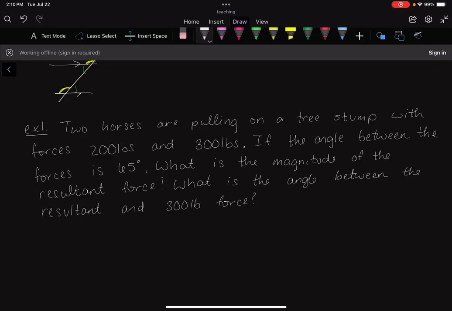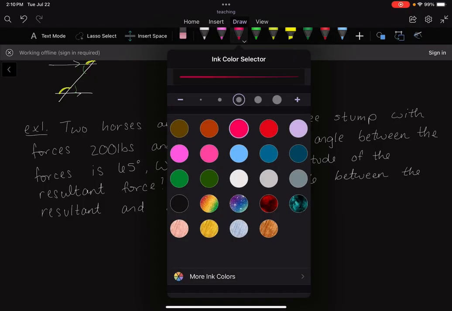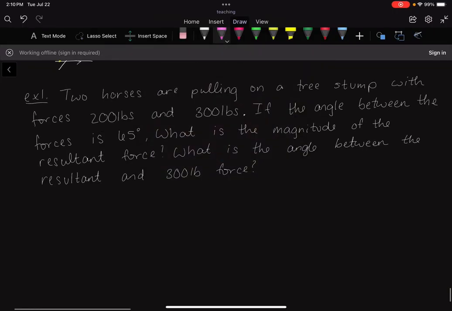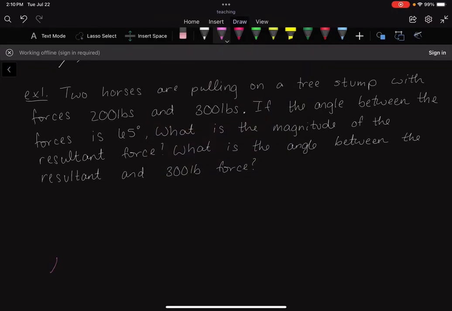Of course, we should draw this out. I'm going to start off with our tree stump. Let me go ahead and draw that first. There we go, there's my little tree stump. Kind of looks like a little pie.